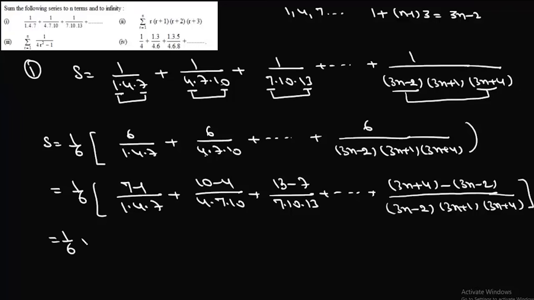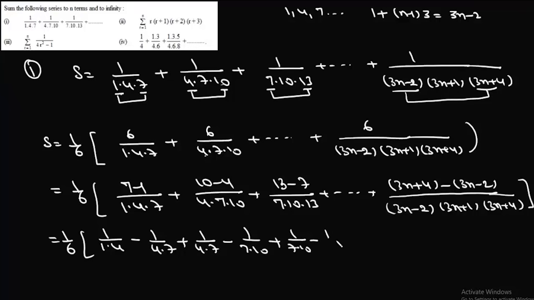So you can write this is 1 by 6. Now here 7 will cancel. So it is 1 upon 1.4 minus 1 upon 4.7. Now here 10 will cancel. It will be 1 upon 4 into 7, and here 4 will cancel, minus 1 upon 7 into 10. Here 13 will cancel. So this is 1 upon 7 into 10 minus 1 upon 10 into 13, and will continue. And here this 3n plus 4 will cancel. So it will be 1 upon (3n minus 2)(3n plus 1) minus, and here 3n minus 2 will cancel, so it will be 1 upon (3n plus 1)(3n plus 4).